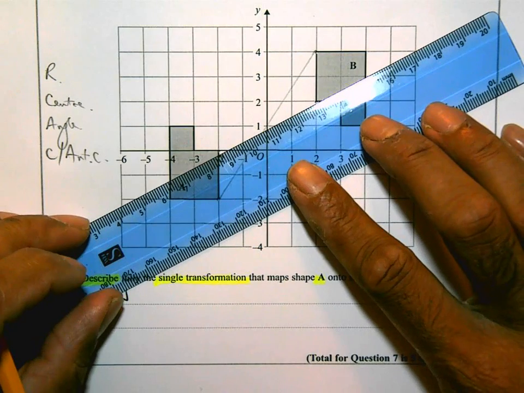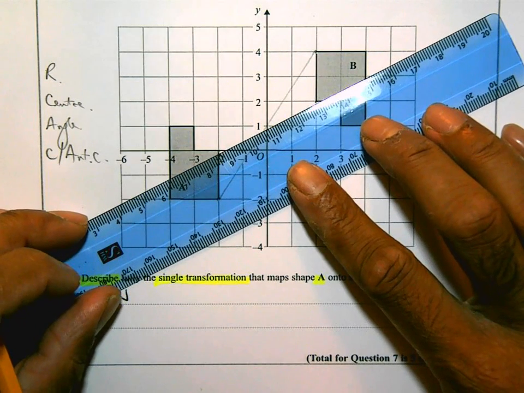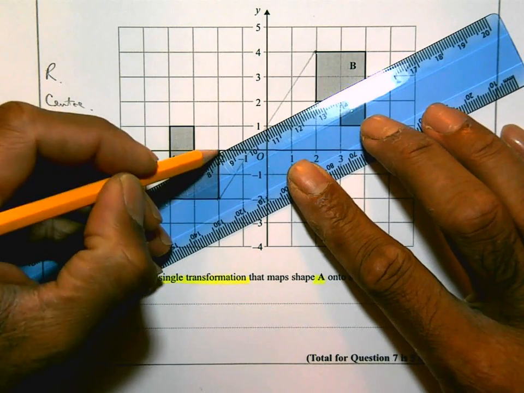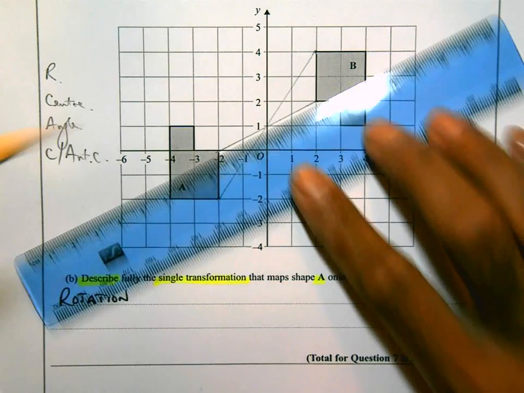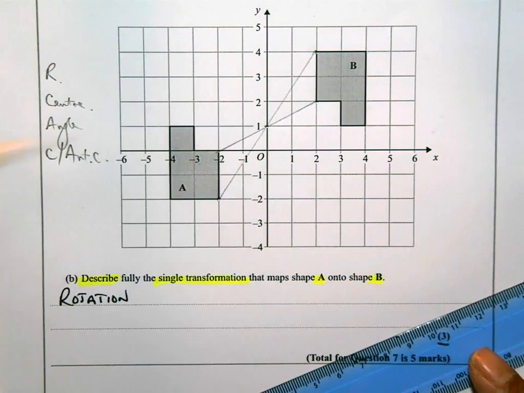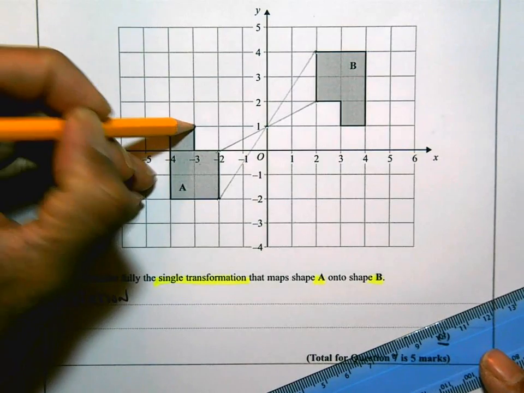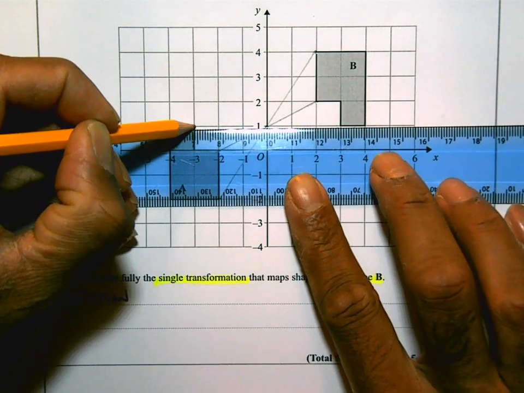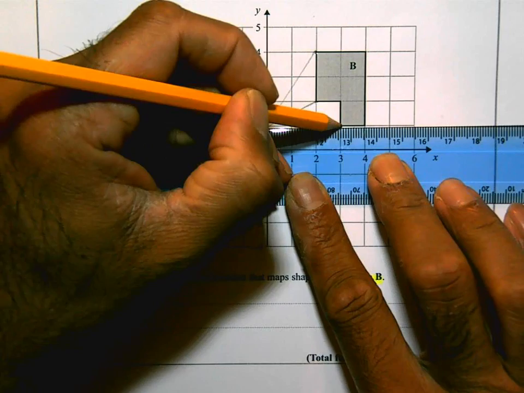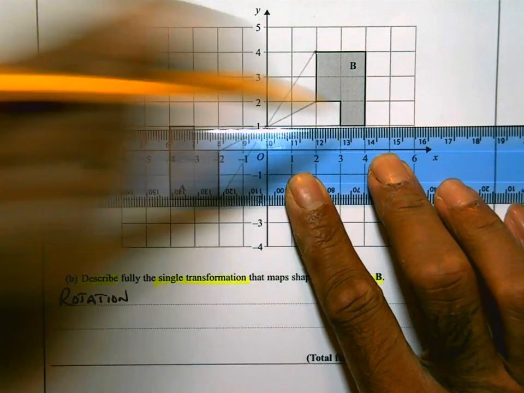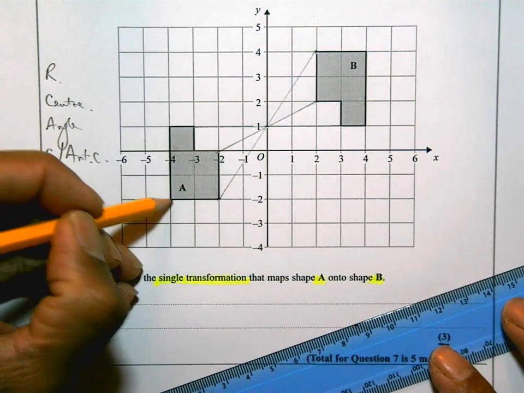What you should notice is that corresponding corners always cross at the center of rotation. If I pick another pair, again they cross there. If I pick the last one, there you go.